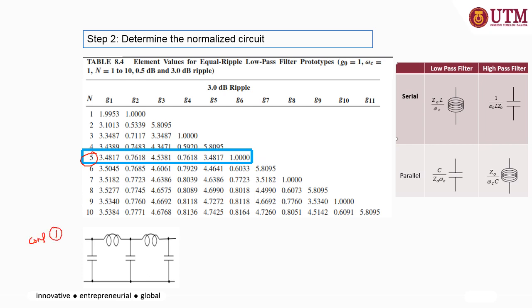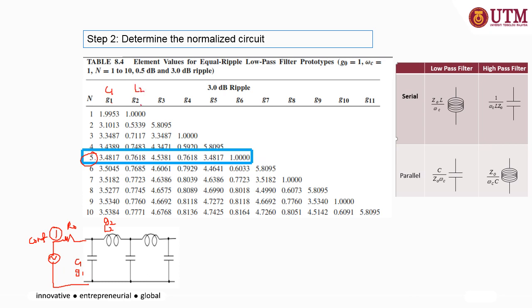Here is your R0, the source, then C1 or G1, L2, G2, and so on.